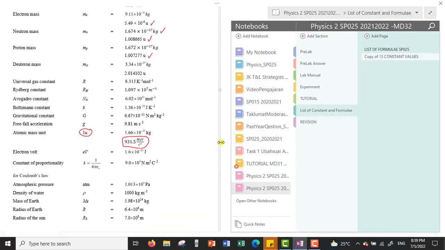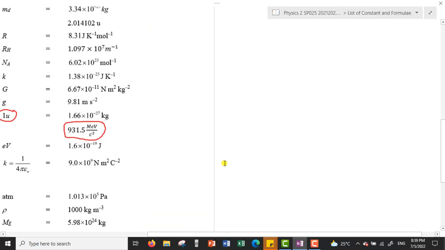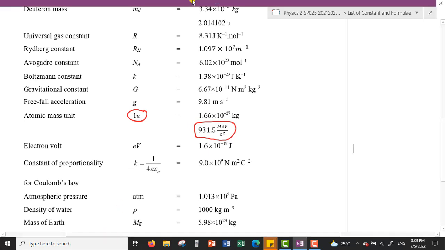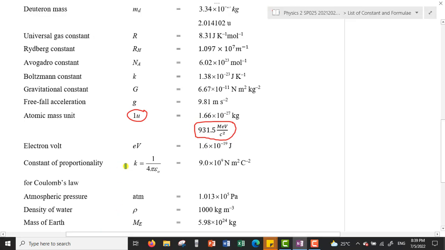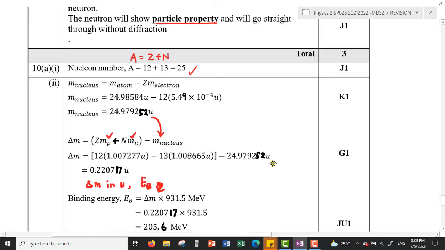Sebab kalau kita refer kepada list of constant, kita boleh tahu 1 U akan setara dengan 931.5 mega electron volt energy. Okay, jadi kita boleh terus darab lah. So we multiply with 931.5 mega eV, so kita dapat binding energy untuk magnesium is 205.6 mega electron volt.